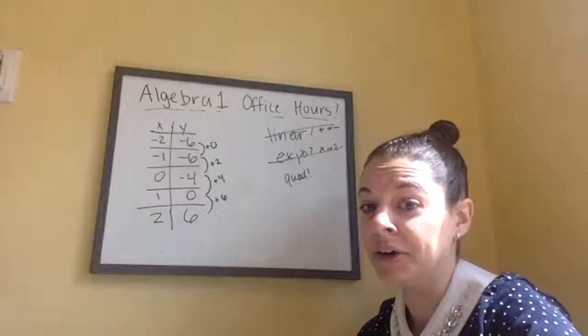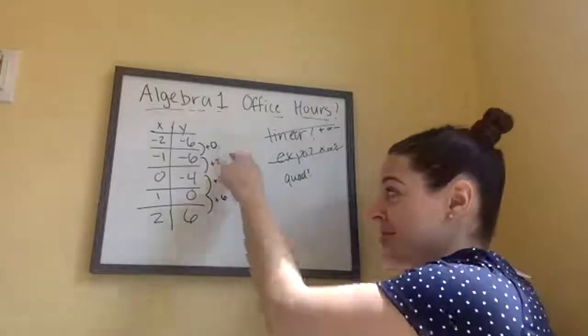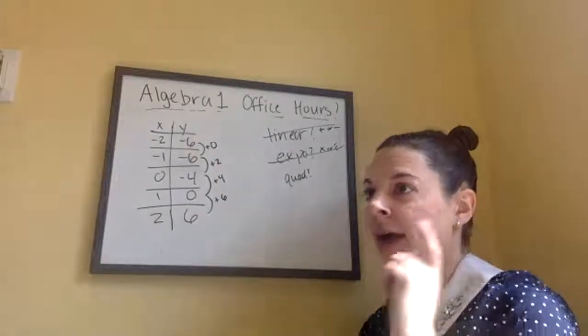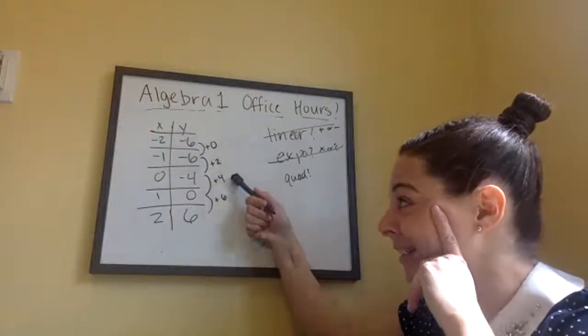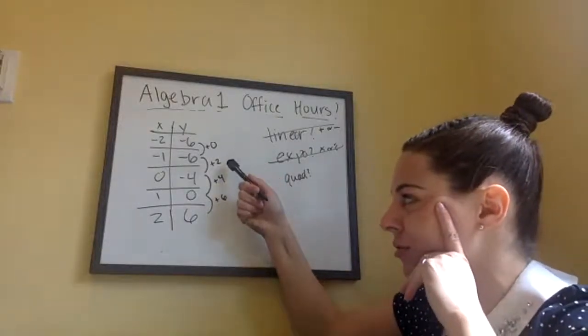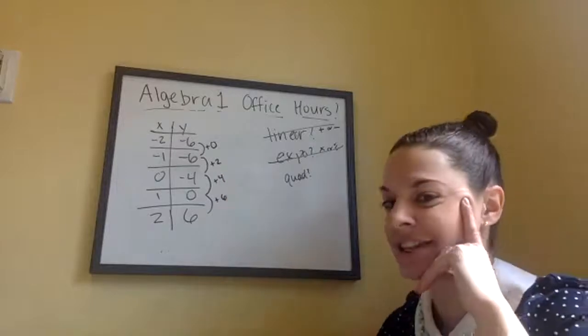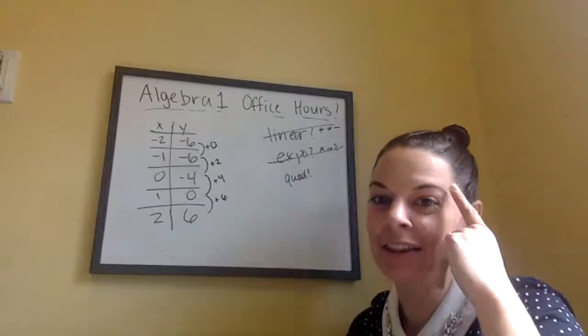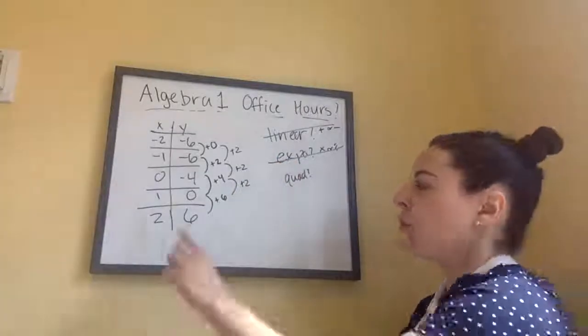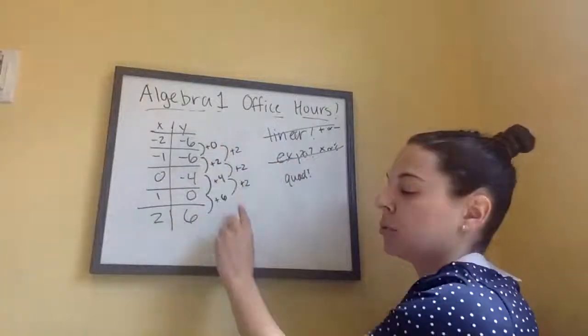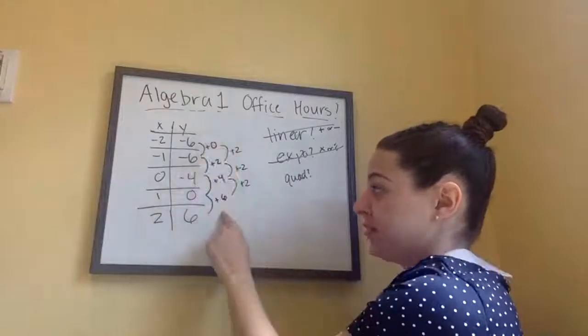Okay, again, we know it's not linear because those numbers are not the same. However, you might notice in these numbers, 0, 2, 4, 6, that those numbers go up by the same amount. For 6, I have to add 2. When we're looking at the differences, we call this first one the first difference.